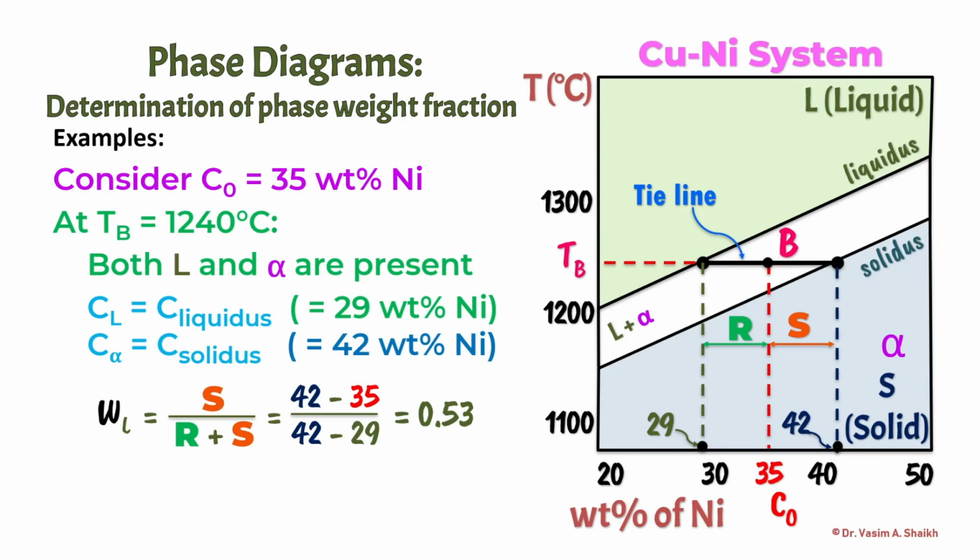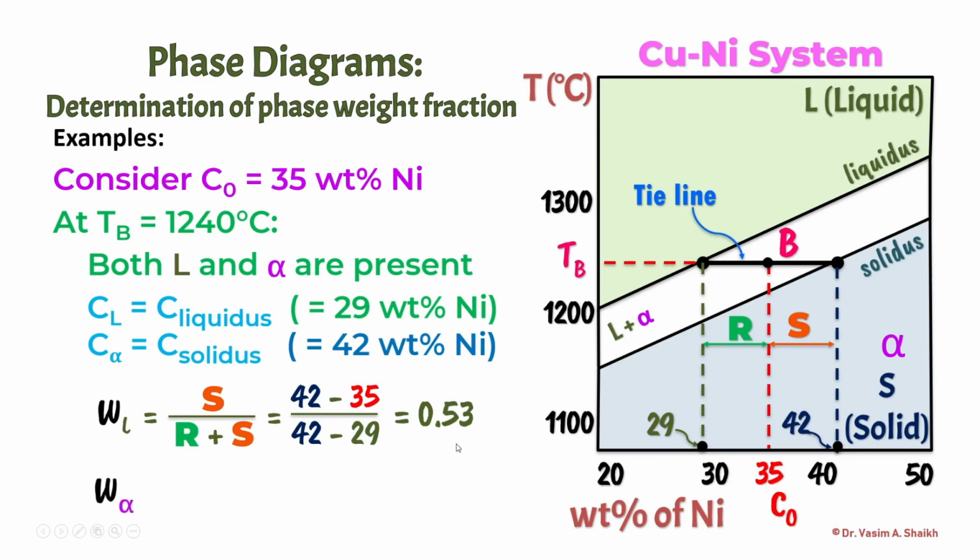So we have liquid and alpha. The phases are liquid and alpha, but liquid is 53% at this point. If we want the weight fraction of alpha, or the weight fraction of solid, we just need to subtract this from 1 and we will get the answer as 47%. But we can also do the calculation.